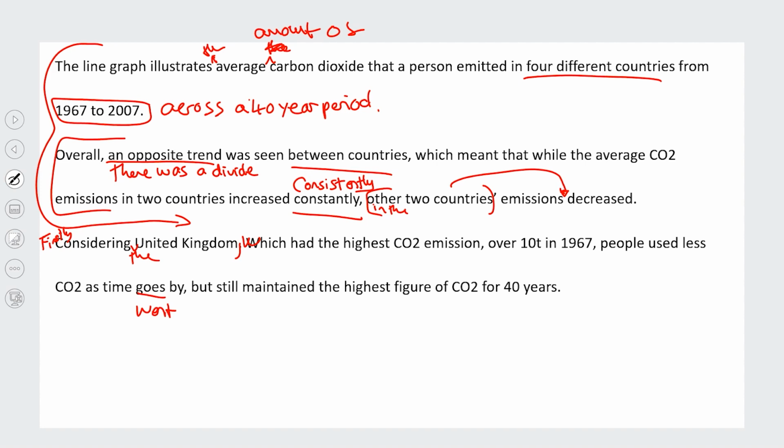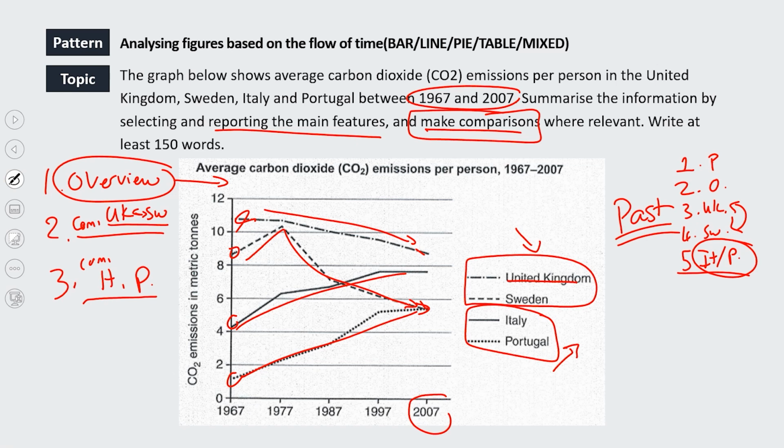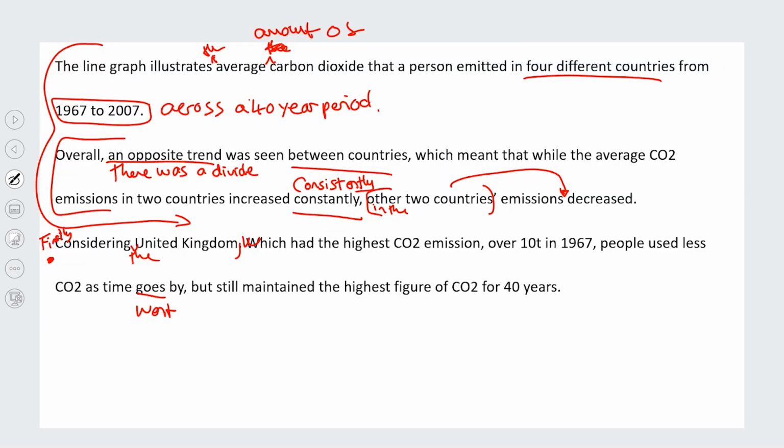Your first sentence of your United Kingdom paragraph should state the overall trend: over the entire period, despite declining in average amounts, the United Kingdom remained the highest producer of CO2. That's your overall theme, that's your overall trend. Then you get into supporting with the details.